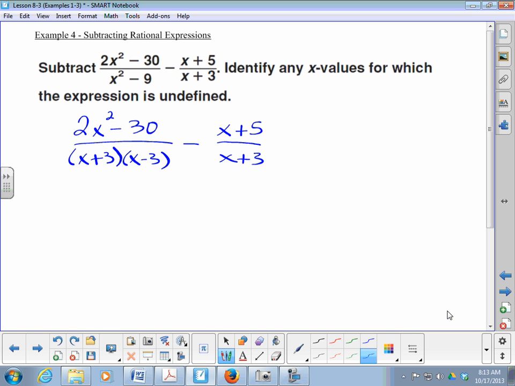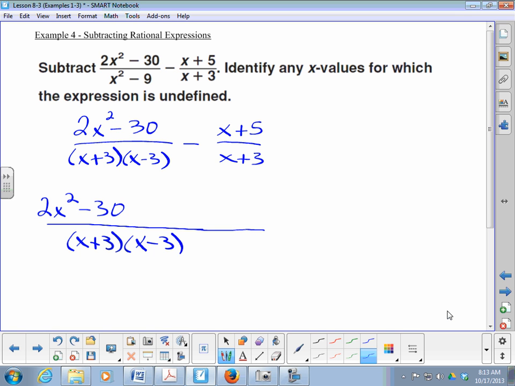Okay. Brooke, how many different factors do I have in the denominator then? Two of them. Okay. So those two factors are going to be my denominator. So I want a little more fraction. Now, I have that common factor on the fraction on the left, so I'll just copy down that numerator.